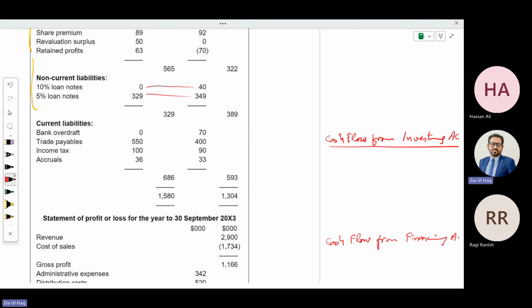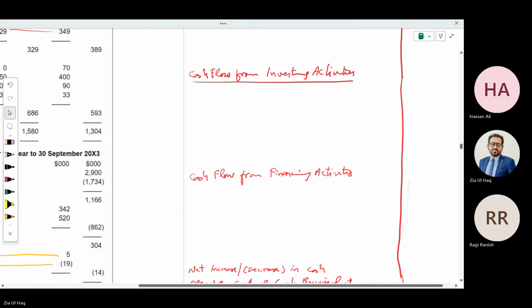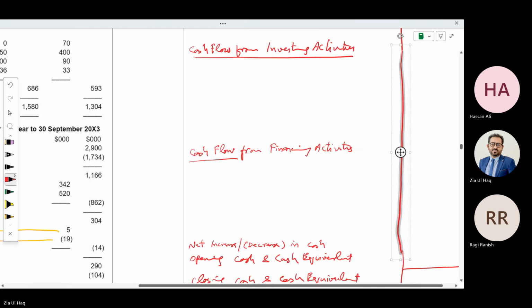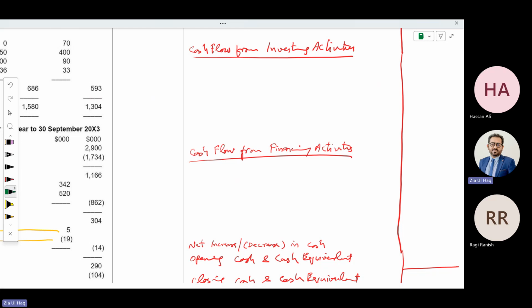This means we paid the 10% loan note. How much? 40,000. Where can we record this? Repayment of 10% loan note. How much?